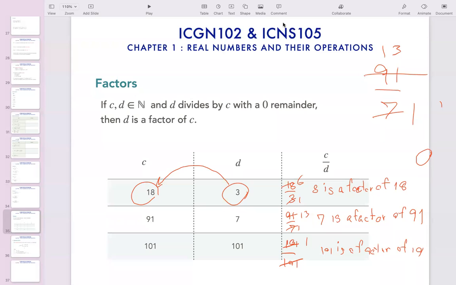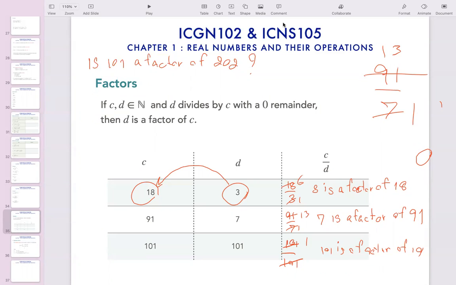If I ask what about this one: if C is 202 and D is 101, is 101 a factor of 202? Yes or no?